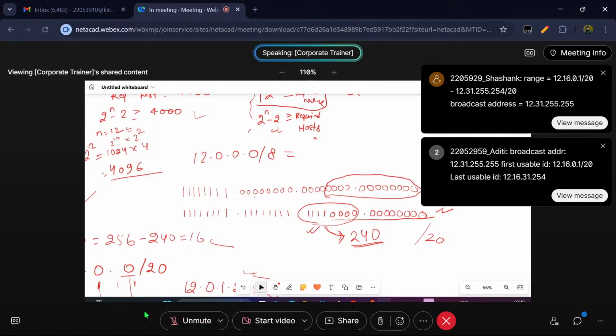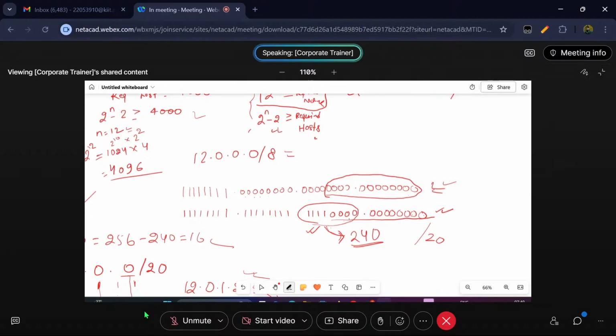into its decimal equivalent. When you write 2 raised to the power 0, 1, 2, 3, 4, 5, 6, 7 and multiply with the 1s: 2 raised to the power 7 into 1, plus 2 raised to the power 6 into 1, plus 2 raised to the power 5 into 1, plus 2 raised to the power 4 into 1.